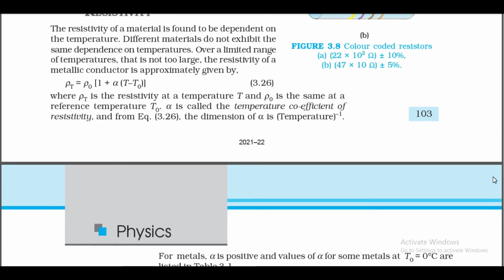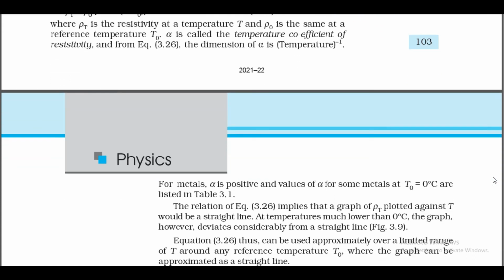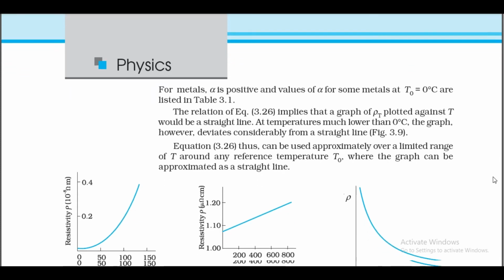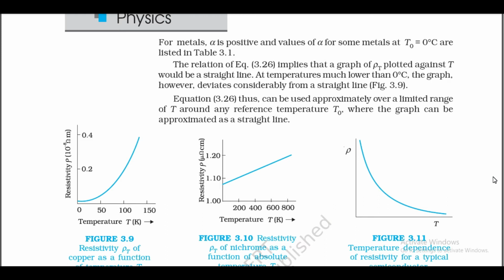From equation 3.26 the dimension of α is temperature^-1. For metals, α is positive and values of α for some metals at T_0 equal to 0 degrees Celsius are listed in Table 3.1. The relation of equation 3.26 implies that a graph of ρ_T plotted against T would be a straight line.